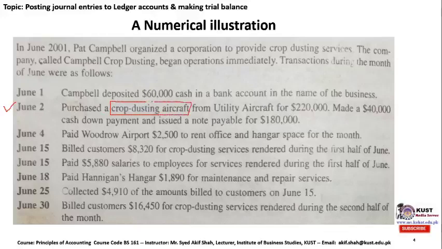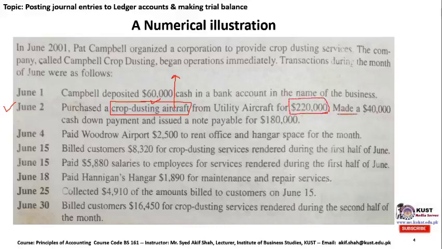The company has purchased a crop dusting aircraft from the utility aircraft. So definitely the company has purchased an asset named aircraft. So the level of this asset has been increased in the company. For how much amount? $220,000 they have purchased it.